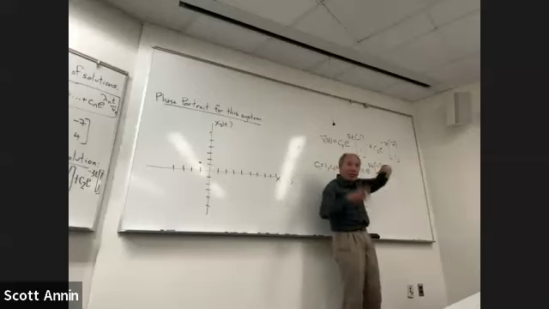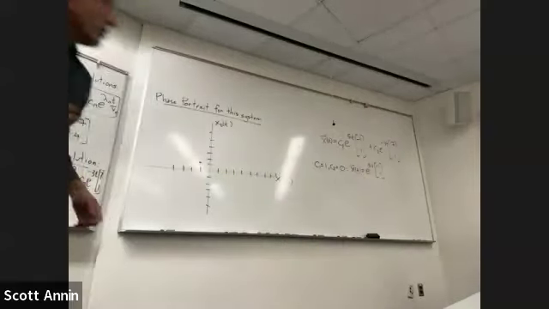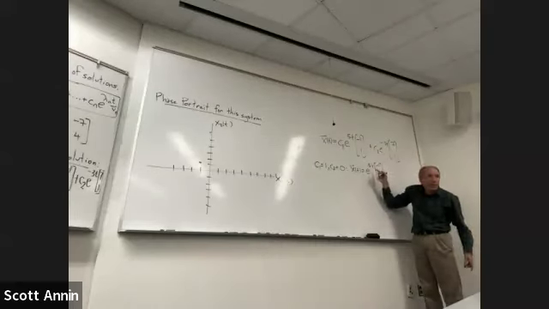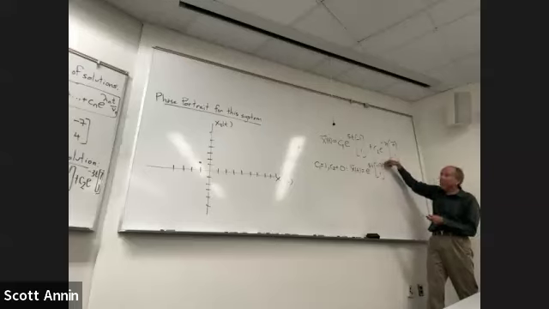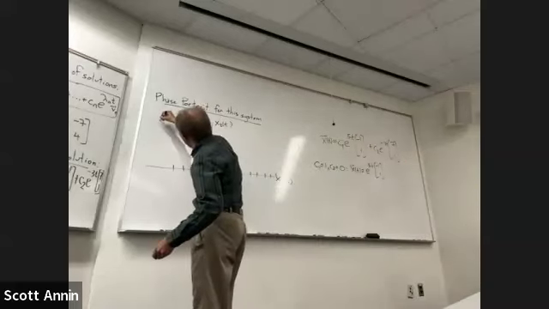As e to the 5t grows, it blows up to infinity. So what's actually going to happen? At t equals 1, just to give you a quick idea, my vector is e to the 5 times the vector negative 1, 1, which is really negative e to the 5th, e to the 5th. Isn't that just somewhere way out here?